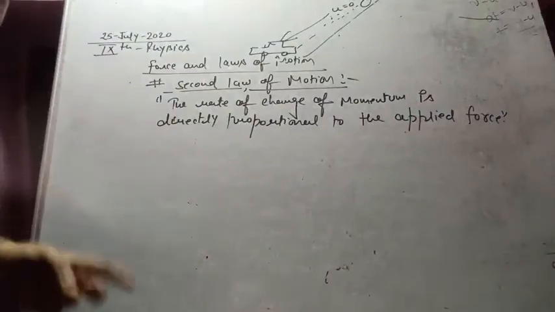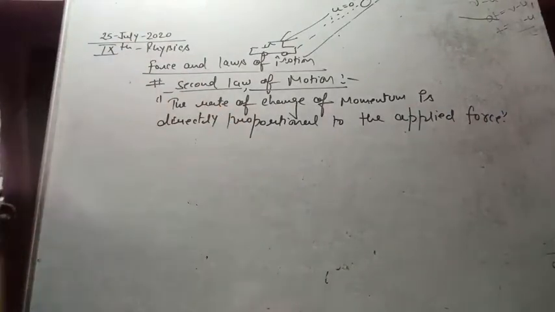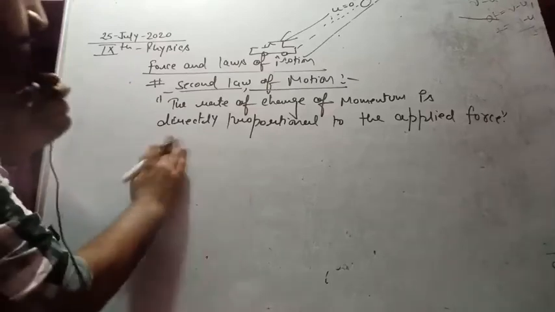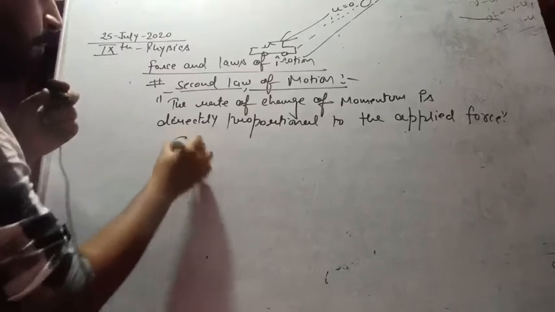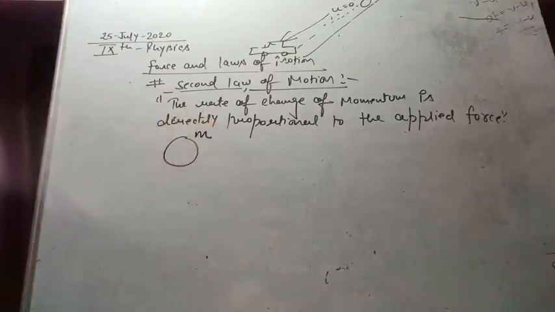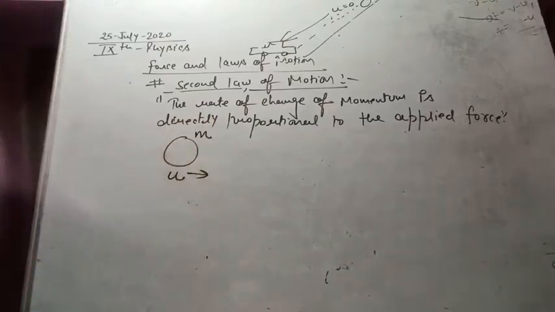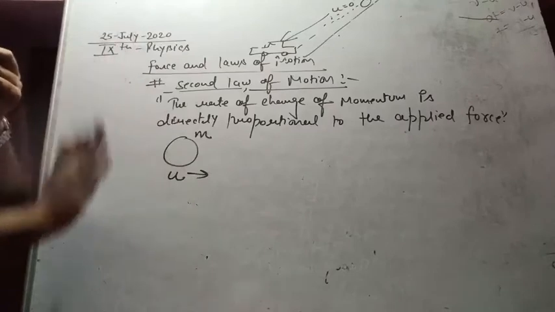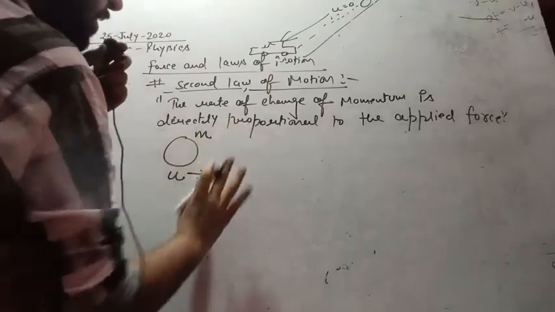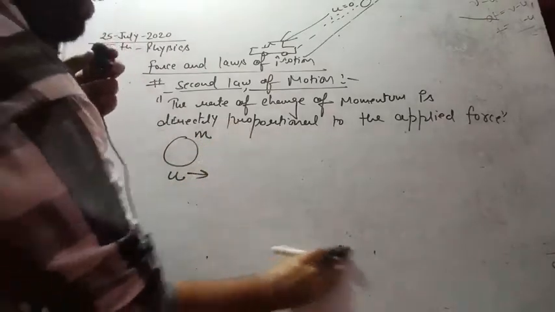This can be a little difficult to understand just by the definition or by the statement which I have written. So let us come to a proper example. Suppose we have a body of mass m. It is stationary or it is moving with initial velocity u. Now let us write the case study along with it.